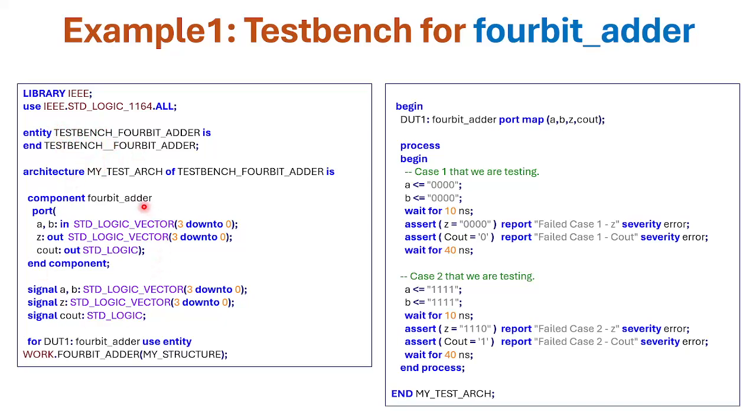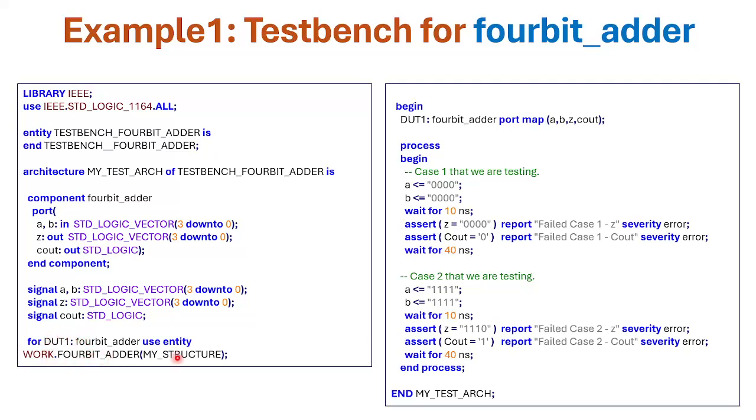The architecture description includes in this first part the declarations of the component which we will instantiate as our design under test using port mapping, and a couple of local signals that we will use to connect that instance to our test bench to provide inputs and observe outputs.